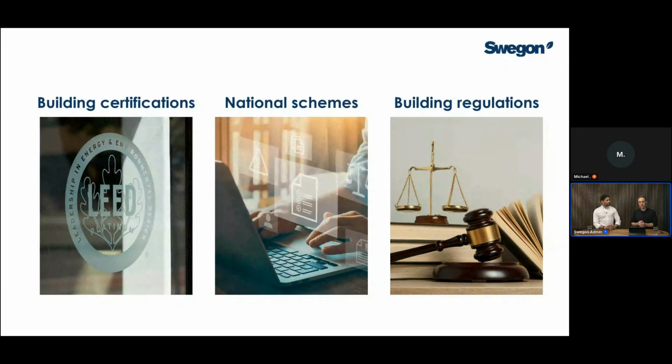And on top of that, a building could go for a national scheme. Looking into the Nordic market, and especially in Sweden, you can rate the building A, B, and C acoustically, put the stamp on the wall, and then you have stricter demands that we need in some way to calculate.